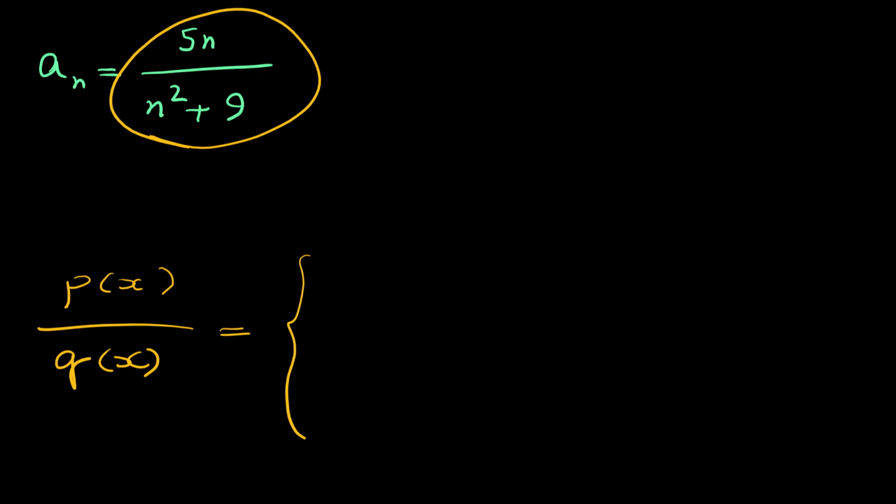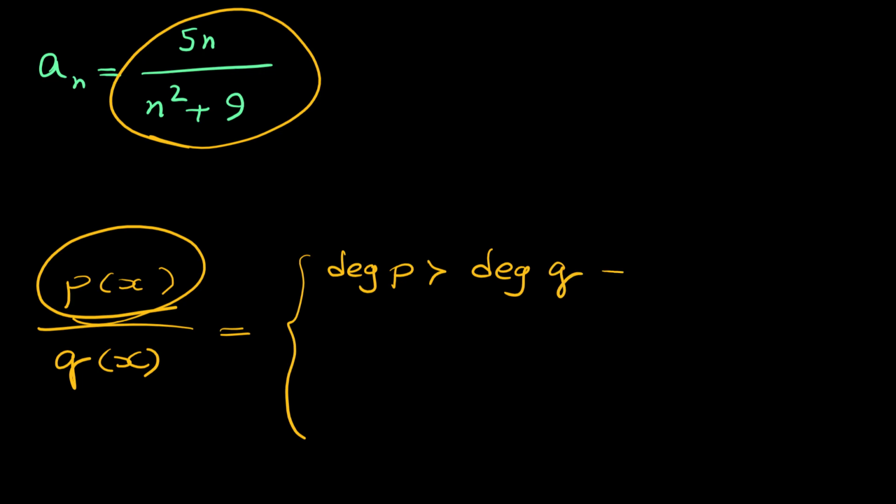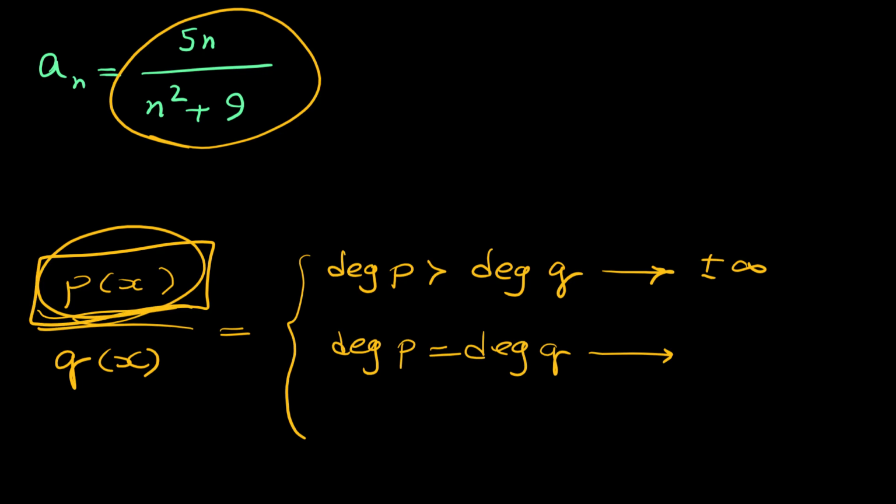we had this rule that if the degree of the polynomial numerator is bigger than the degree of the denominator, then the limit is either positive or negative infinity. If the degree is the same between numerator and denominator, then the limit would be a number, which is the ratio of the leading coefficient of the numerator over the leading coefficient of the denominator.